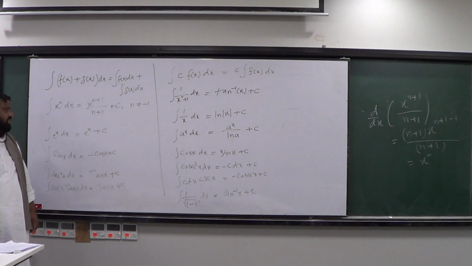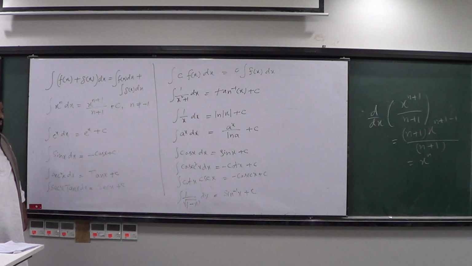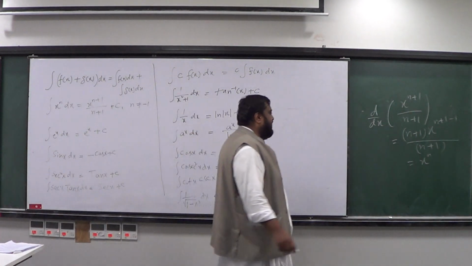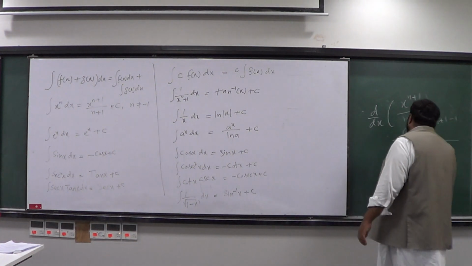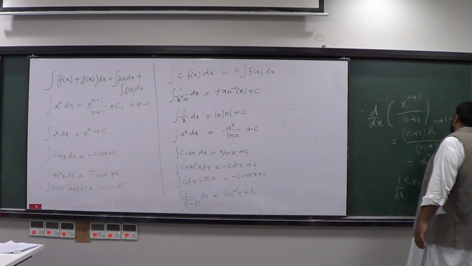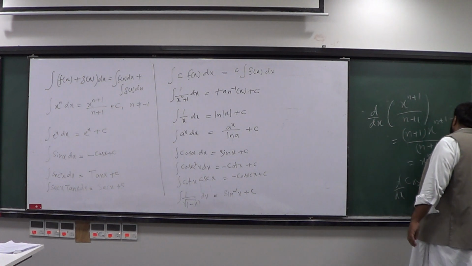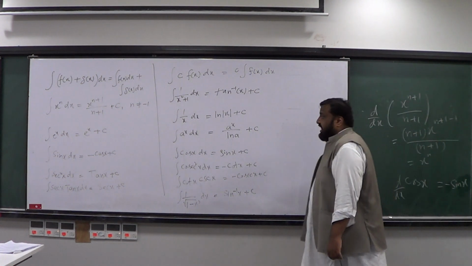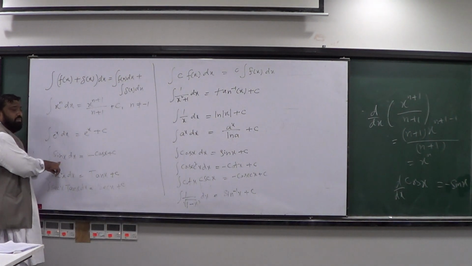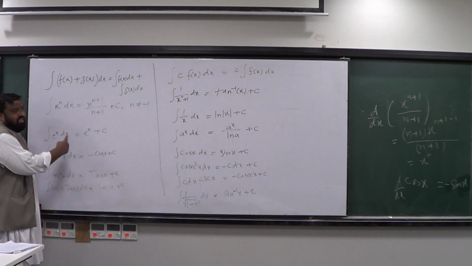Why is the integral of sine x equal to minus cos x? You can see it. I know that the derivative of cos x is negative sine x. But when you are solving this integral, you are asking for a function whose derivative is sine x, not negative sine x.